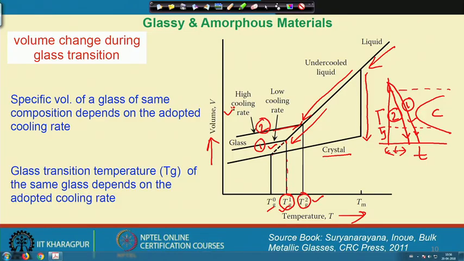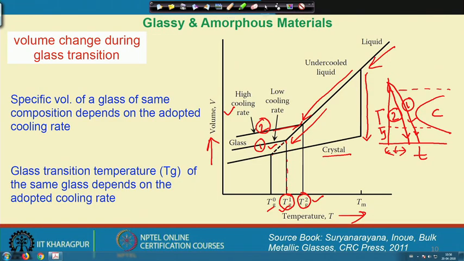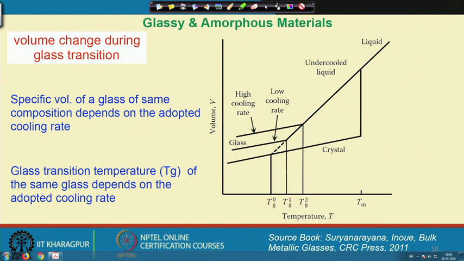However, in the glass transition process we have seen that such a thing will occur, and so this must be a little bit different from what we really know as a second order transformation that we have discussed so far. So far we basically talked about how the specific volume of a glass of the same composition depends on the adopted cooling rate, and the glass transition temperature of the same glass depends on the adopted cooling rate.